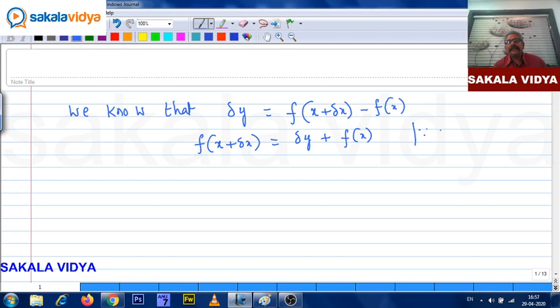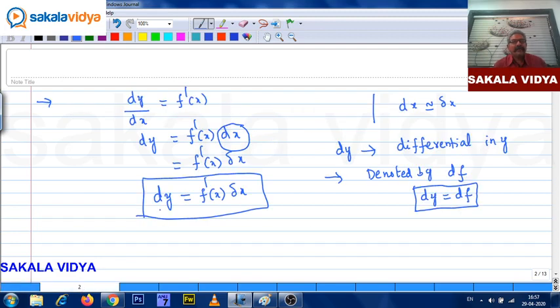Delta y is approximately equal to dy, which is f dash x into delta x, because in the last we have discussed dy equals f dash x into delta x.